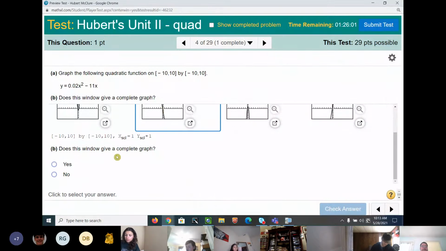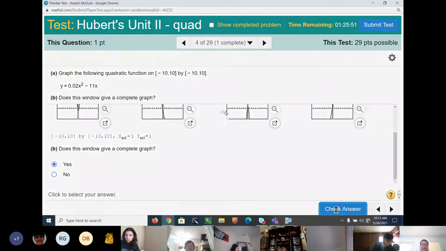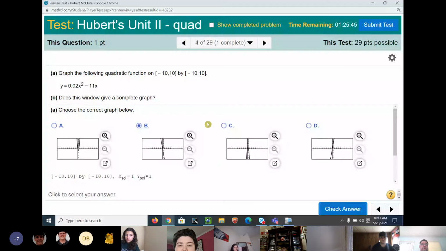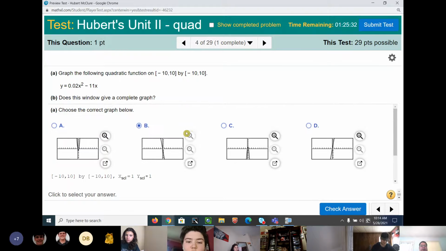Does this window give a complete graph? I guess it does. I don't know what you consider a complete graph, but all four quadrants are present. I guess not. The complete graph wants to know that you can see the vertex. Well, there's no vertex here. I'm sorry, no, it's not. I forgot, it's not linear. It's nonlinear.